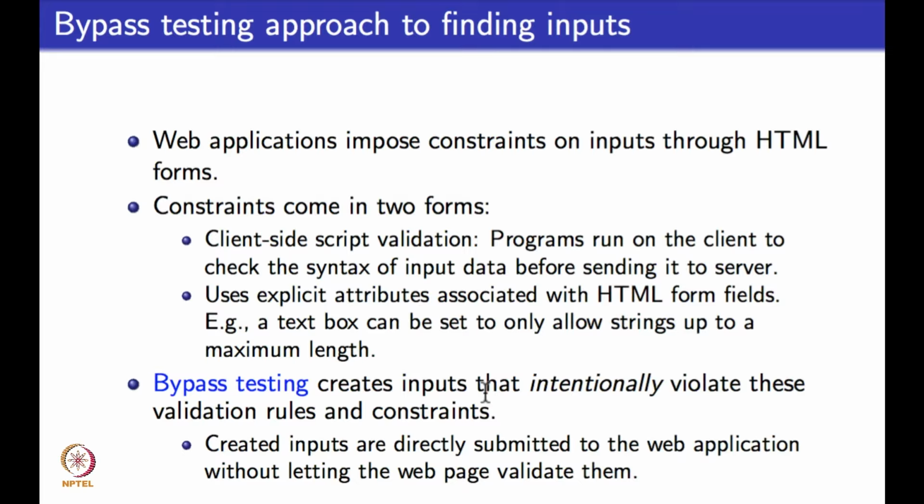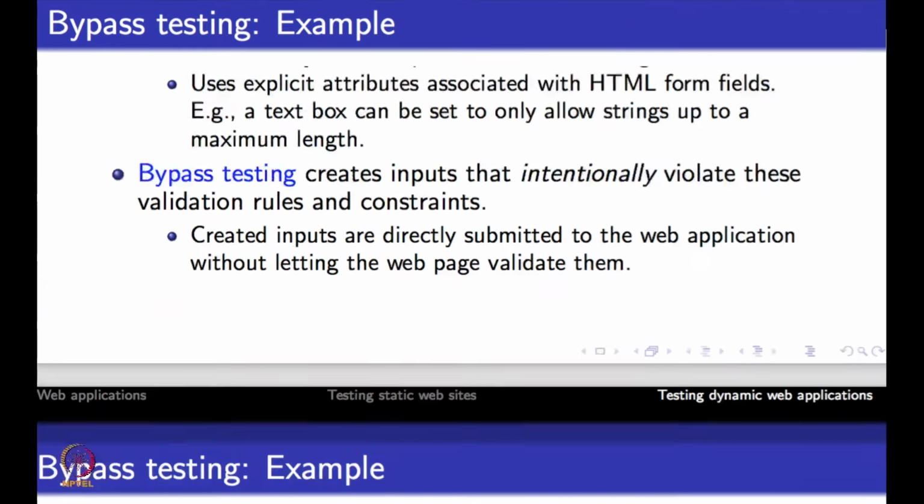So they create inputs and submit the violated inputs directly to the server, bypassing the script validation that happens on the client side. The inputs that violate the validation rules and constraints are directly submitted to the web application that resides on the server, and the idea is to test and see how that web application reacts to these intentionally violated constraints. The client-side script validation is bypassed, hence the term bypass testing.